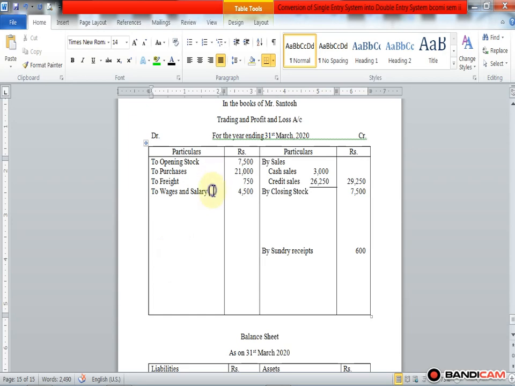So transfer the expenses related to trading and profit and loss account. Here, to rent and rates amounting to rupees 300 and sundry expenses amounted to rupees 1050.